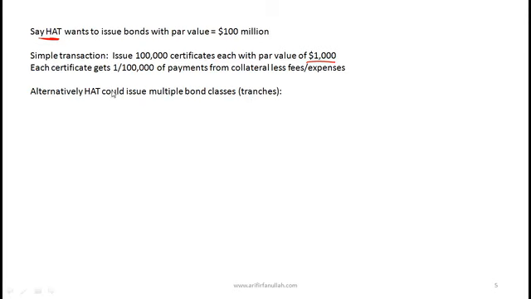That means if I bought one certificate, I would get 1 over 100,000 of any payments that come in from the customers, less any fees and expenses that need to be paid. Okay, so this is one structure.